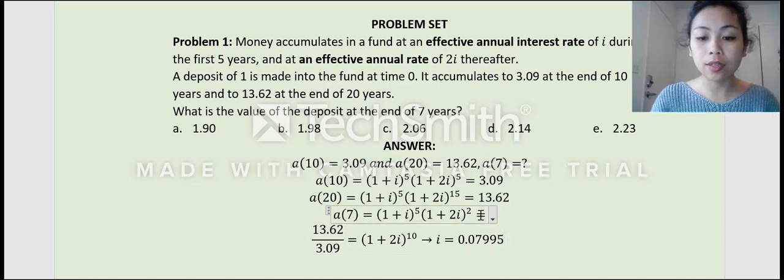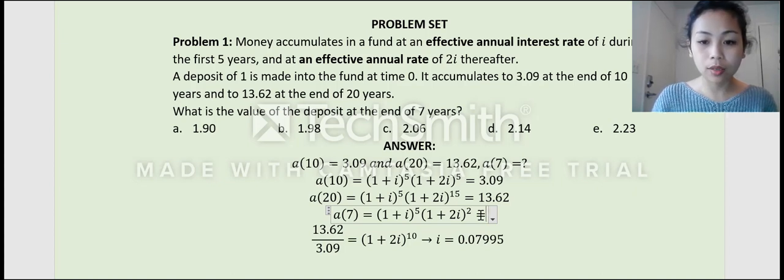So A of 7 equal to 1 plus I to the power of 5 times 1 plus 2 times I to the power of 2.